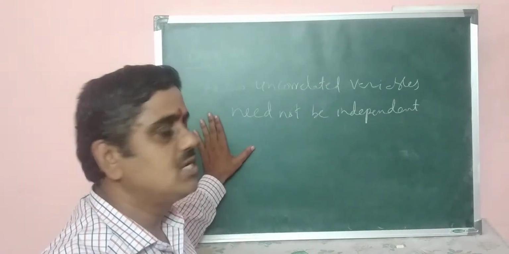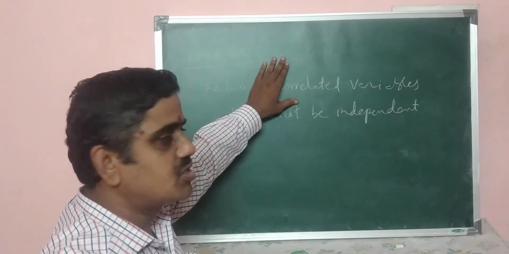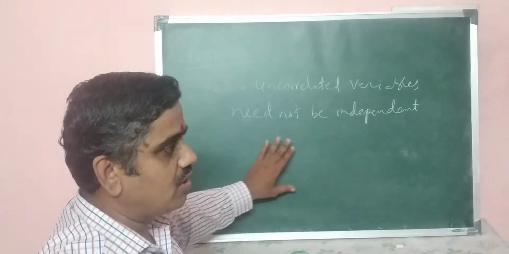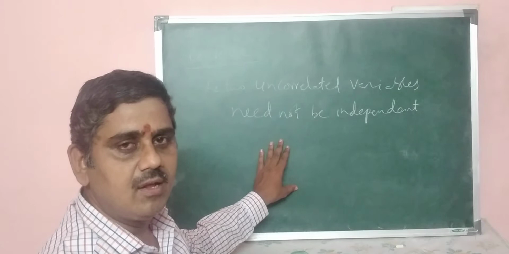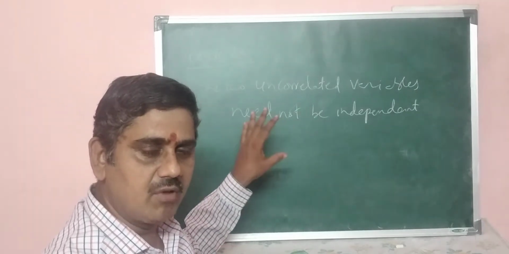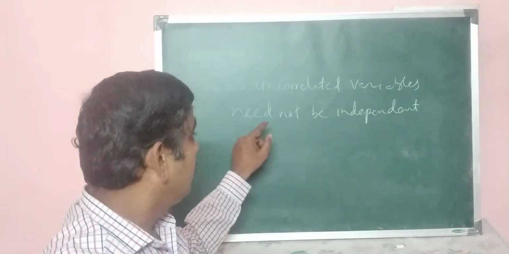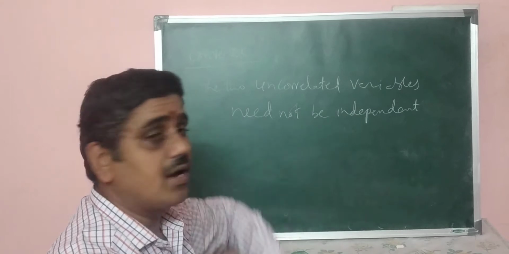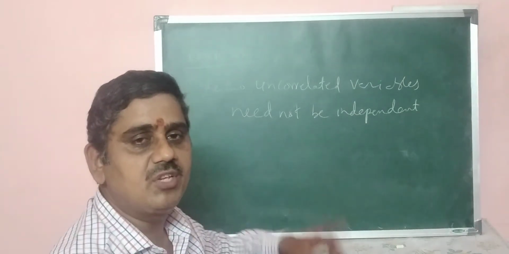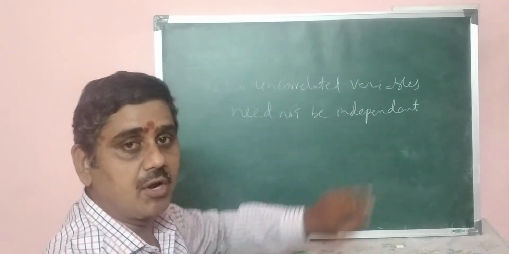To support this, we have to consider two uncorrelated variables, which means we have to consider two values of the variables x and y, and calculate Rxy, and show it is 0, and then show that x and y are not independent.